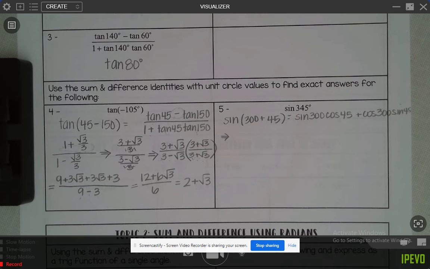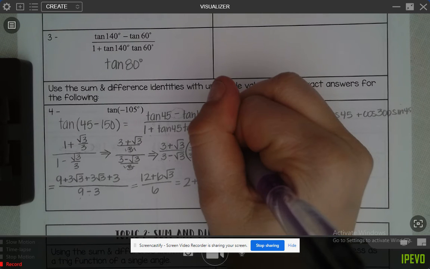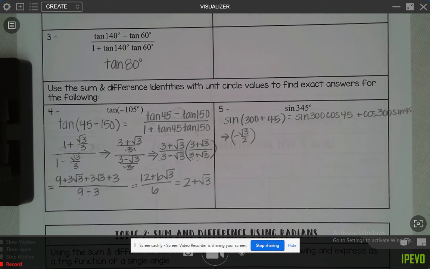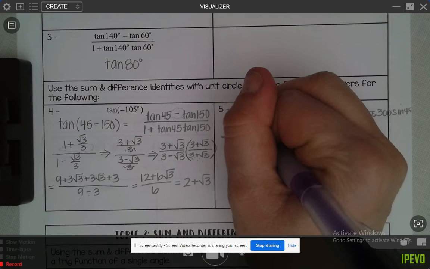Give Mitch a chance with those because he's figuring them out. So this is negative radical 3 over 2 times this cosine of 45 degrees. 45 degrees is what angle? Pi over 4. Cosine of pi over 4 is radical 2 over 2.